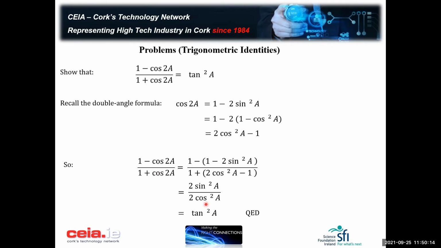And then we can see that we've got sines of the single angle above the line, cosines of the single angle below the line. Rearranging these, two ones cancel out, and those two ones cancel out, and you get your sine squared over cosine squared, which is the tan squared you were looking for.